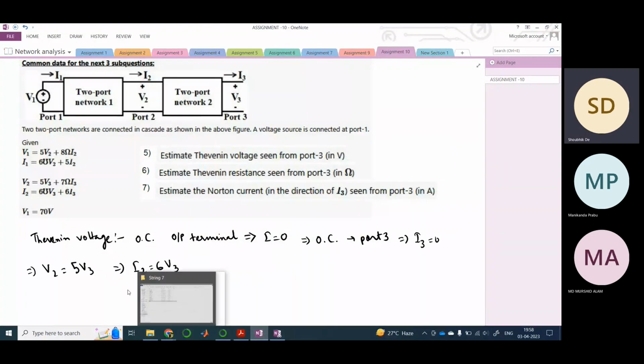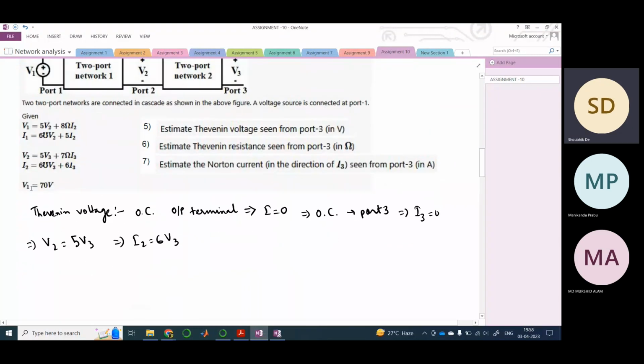Okay. So now the problem becomes very simple because we have been given V1 equals 70. We just need to substitute. In the first equation, if we substitute, it is 70 equals 5V2 plus 8I2. Now we have V2 in terms of V3 and I2 in terms of V3, so you just need to replace it here.